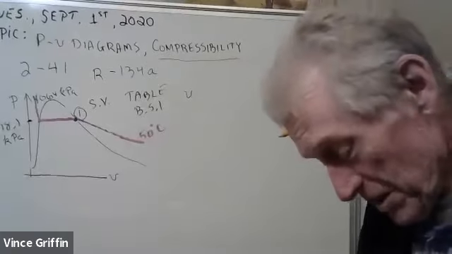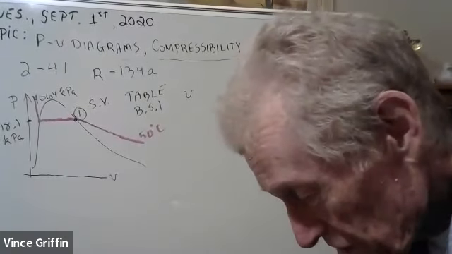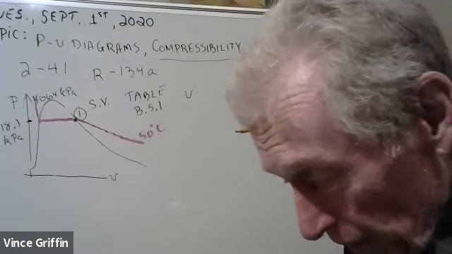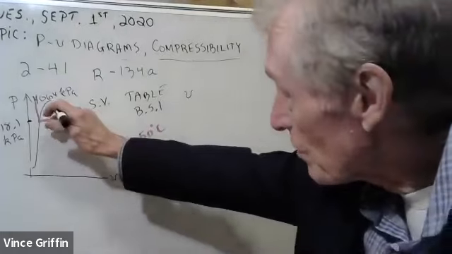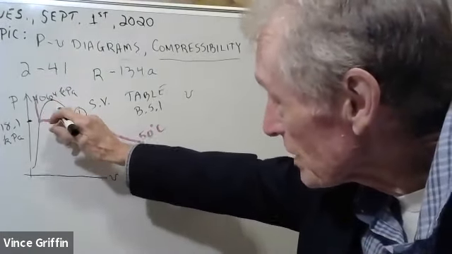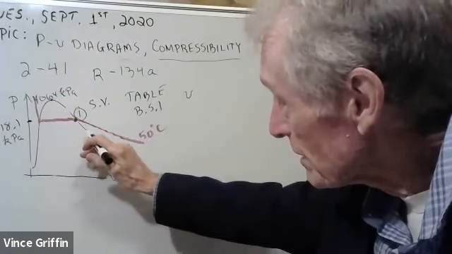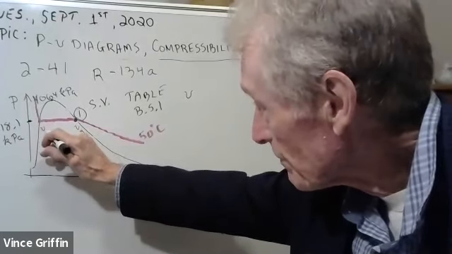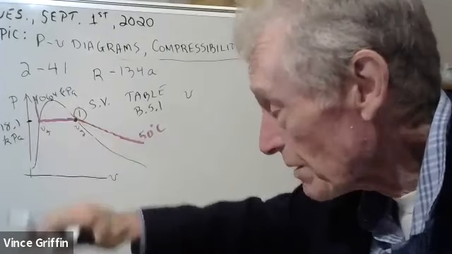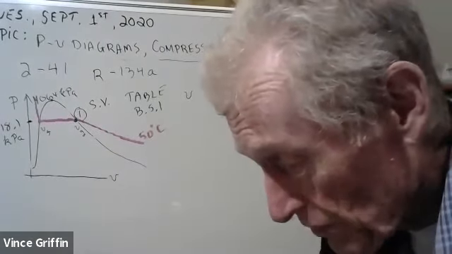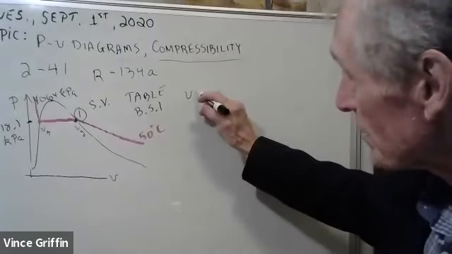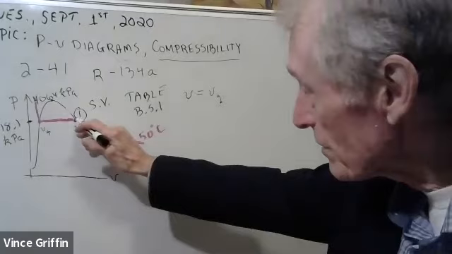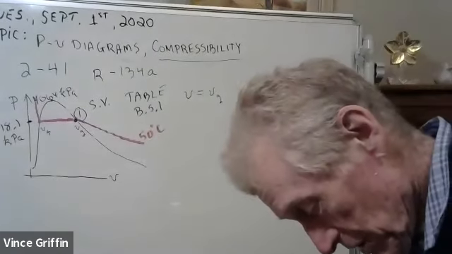Yes, it corresponds with the zero difference between the vapor and the liquid because they no longer have a VG and a VF anymore. See, this here has a VG and it has a VF, but when you get to the top, the difference is zero between those.